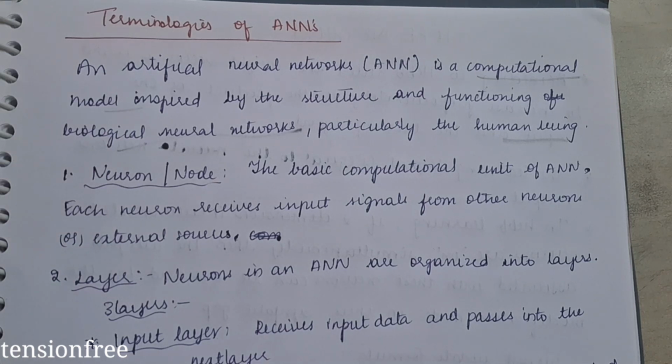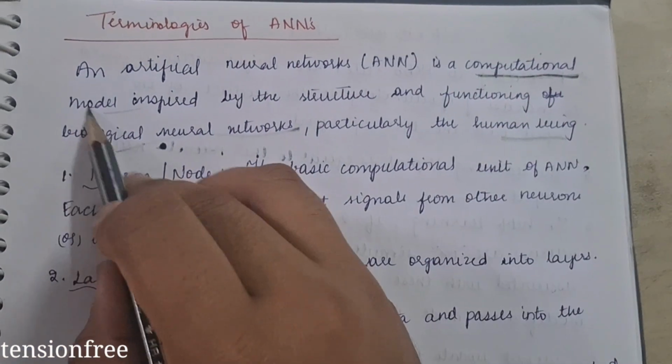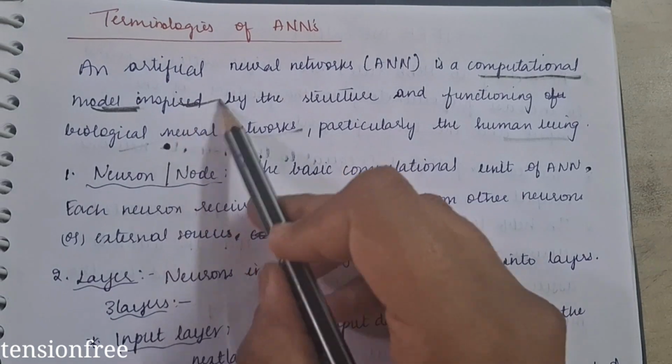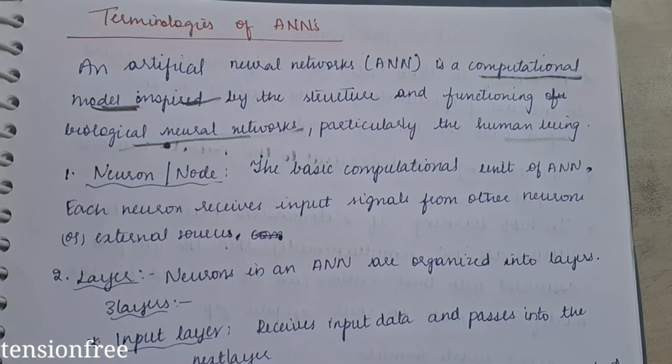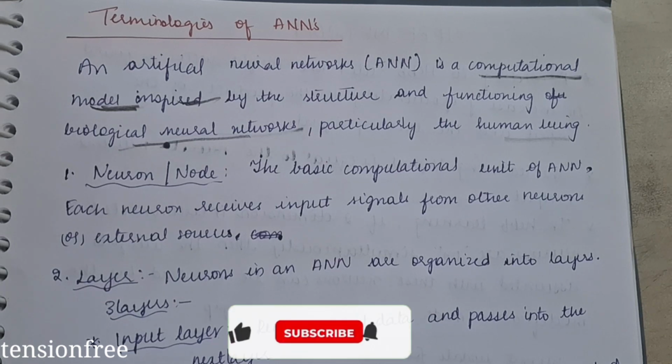An artificial neural network is a computational model inspired by the biological neural network of the human brain, used in machines and computers to solve real-time problems and provide an approximate solution to that problem. There are some terminologies of the artificial neural network.